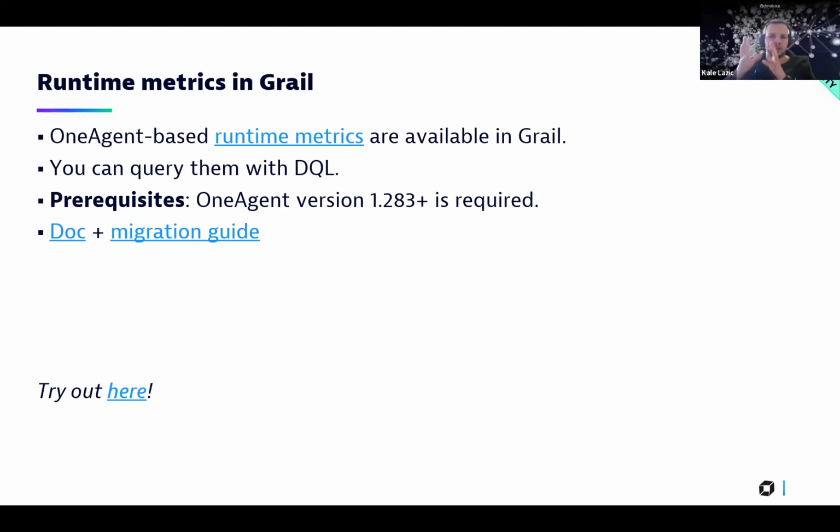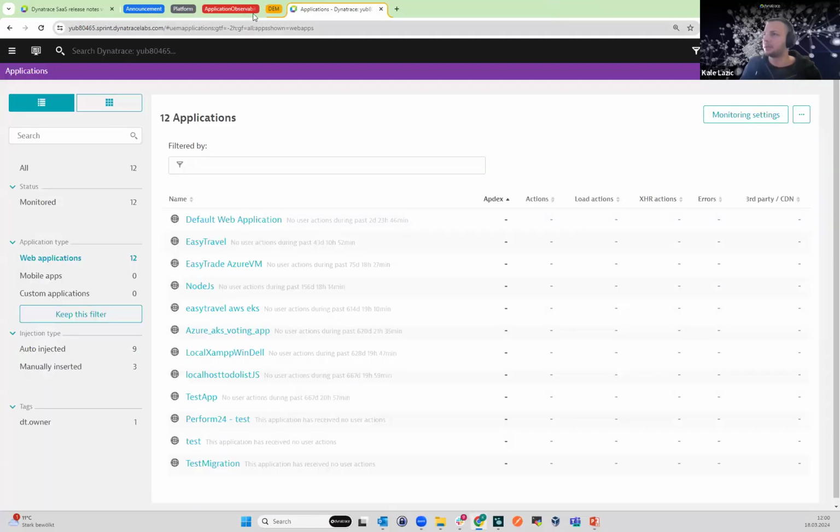So when you've used the classic metrics and you want to use the Grail metrics now, we have also some migration guides because some metrics are gathered a bit differently than they used to be with the classic metrics, as we will see in a few moments. So let me go back to my browser.